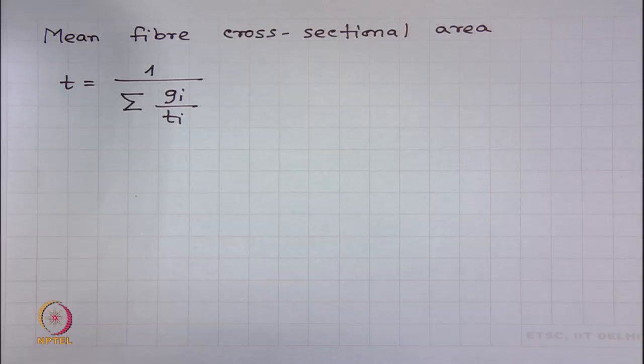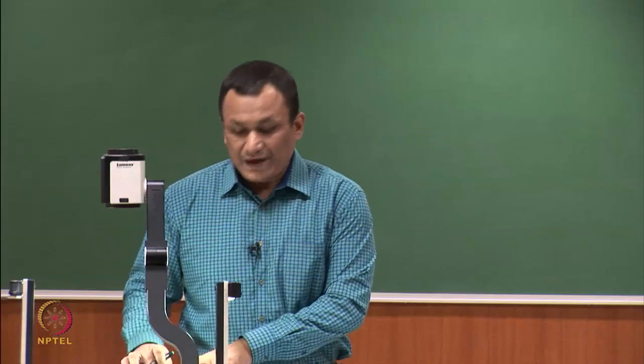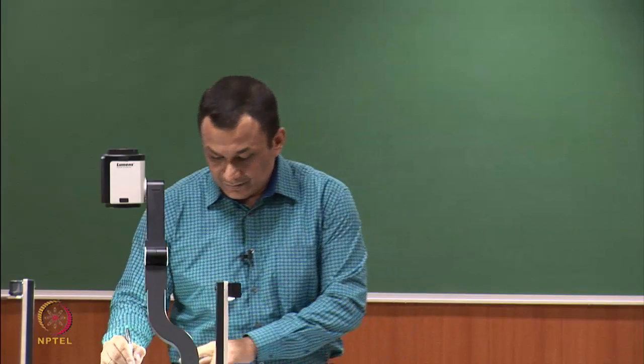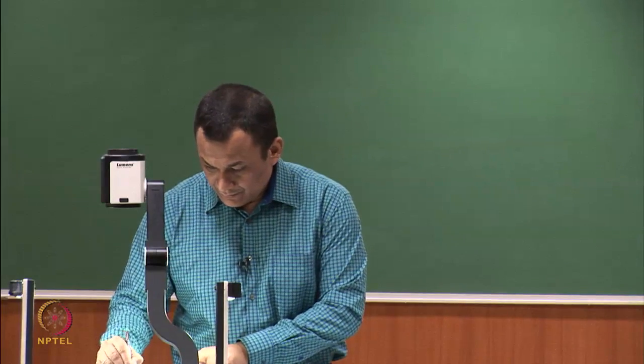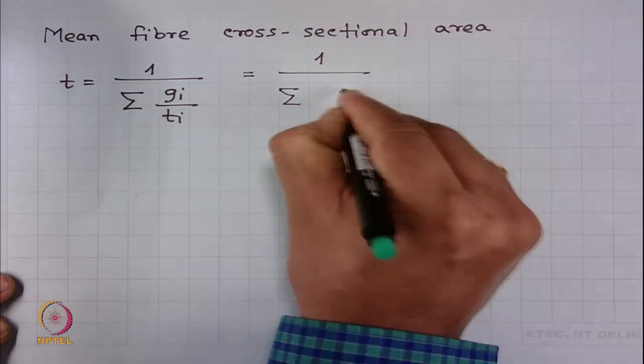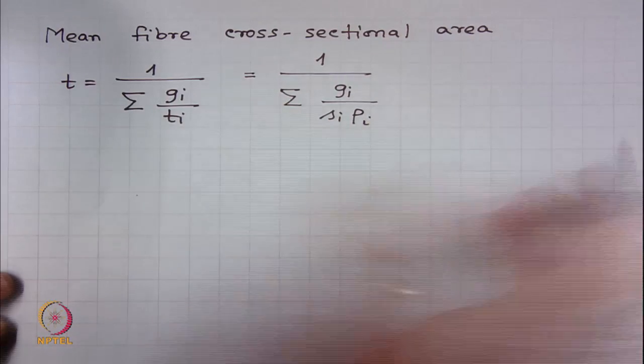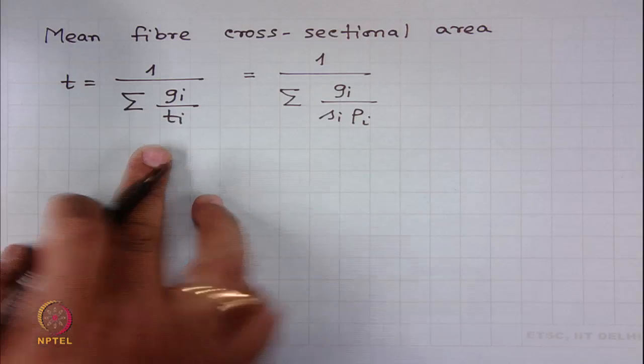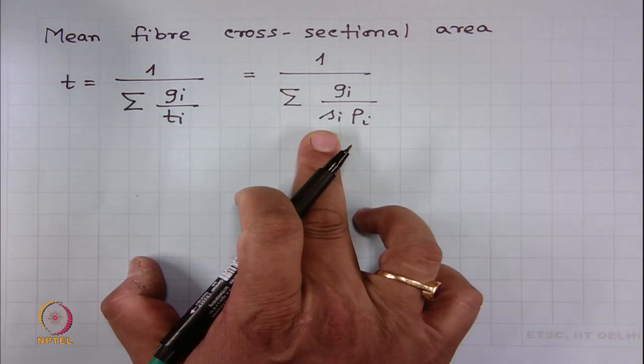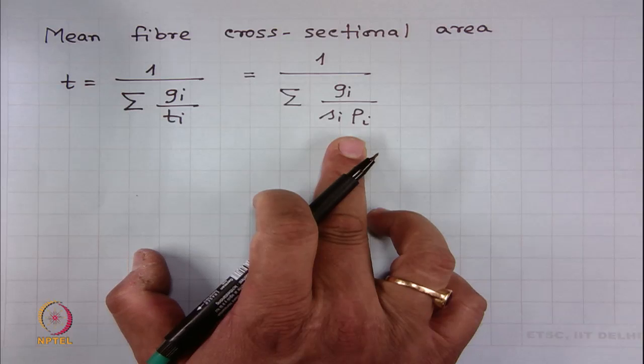If you remember from module 1, fineness is related to cross sectional area and density of fiber. How is the relation? The relation is fineness is equal to cross sectional area multiplied by density.